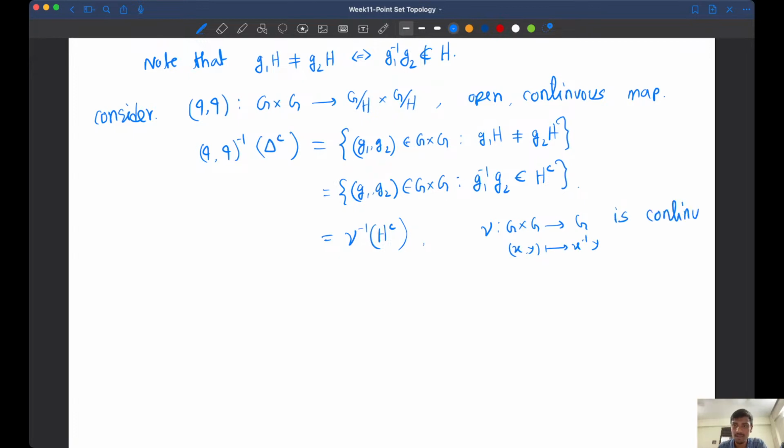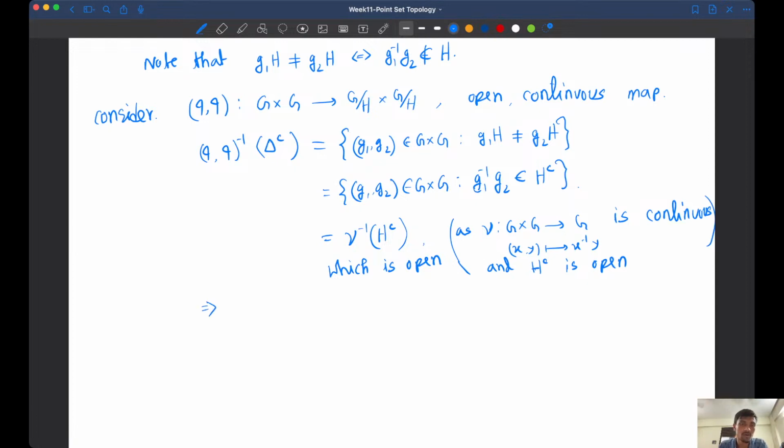So as this map is continuous and H complement is open, this is open.